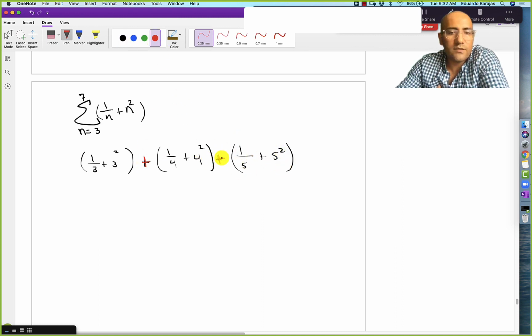At each one of these little intervals, we're replacing the index variable n with a 3. And then we just keep going. And we don't stop until we get to the stopping value, which is equal to 7 in this case. So we have to include a 1 over 6 plus 6 squared, and then a 1 over 7 plus 7 squared.